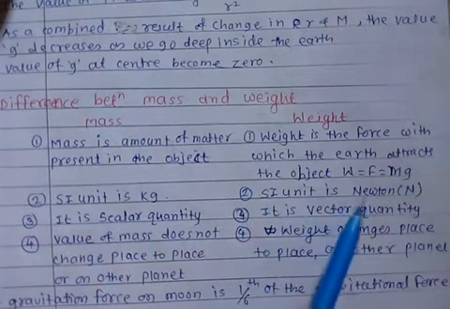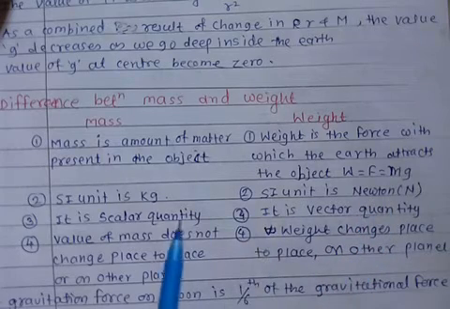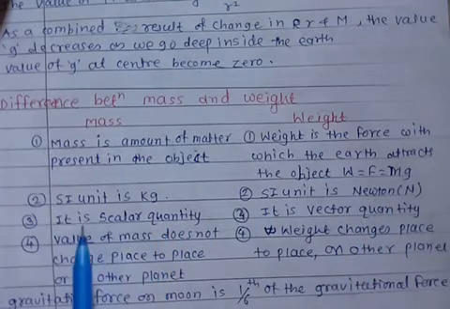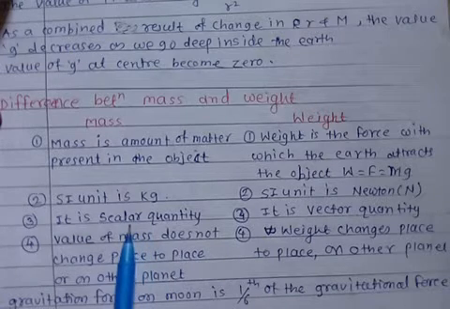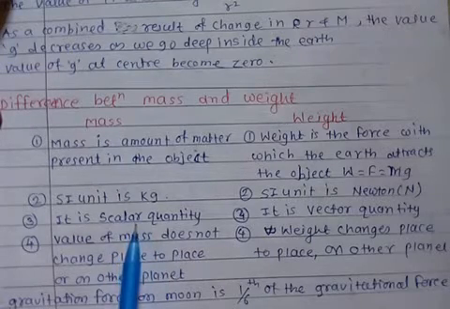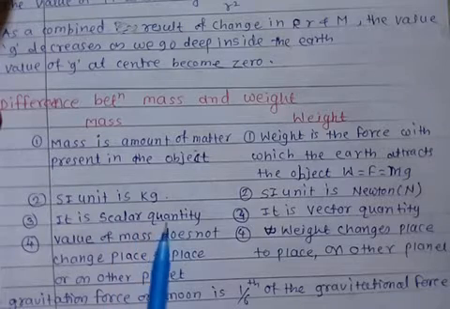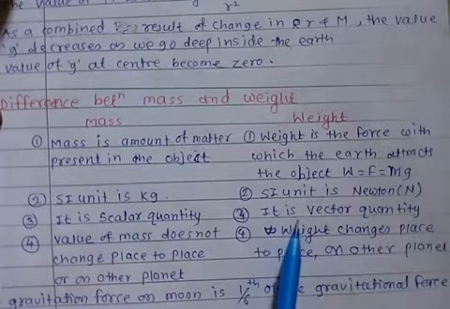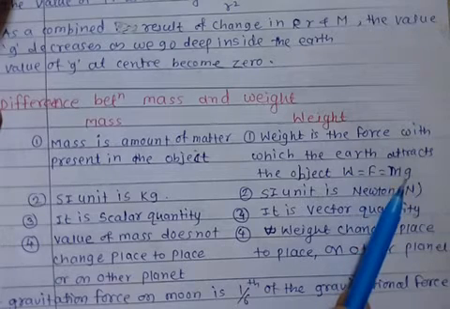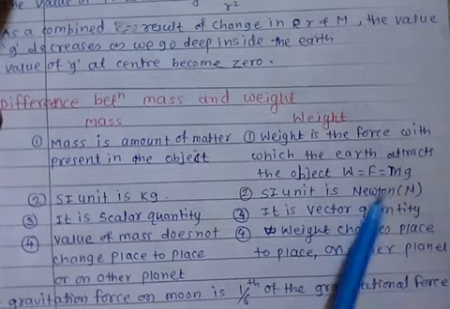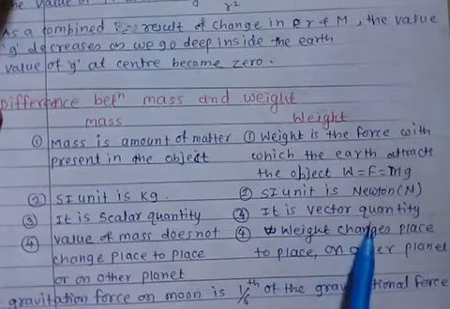The SI unit of weight is Newton, capital N. Mass is a scalar quantity, which means it has no direction. But weight is a vector quantity because the gravitational force acts on the mass, so direction is important.